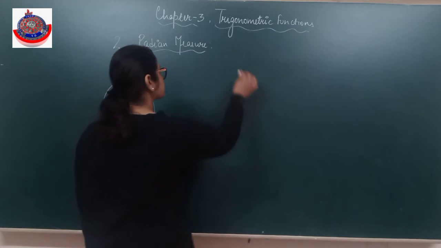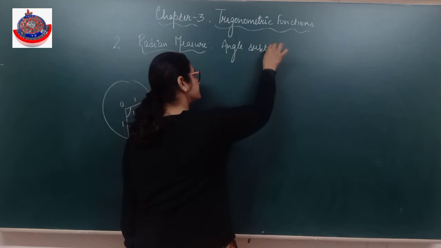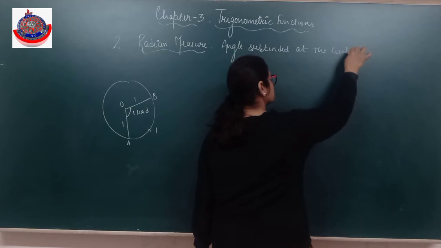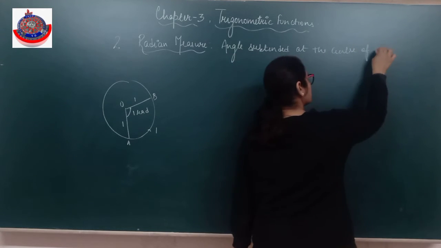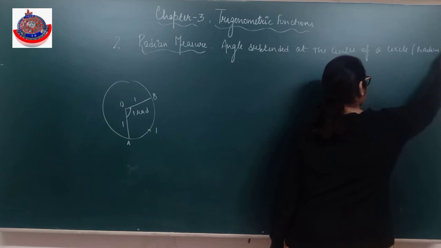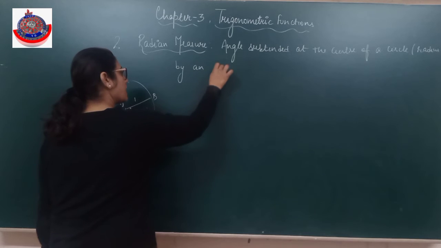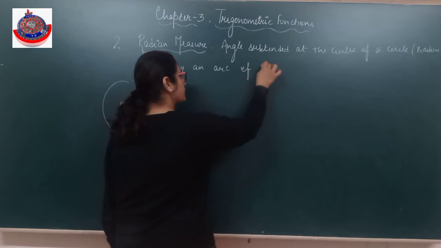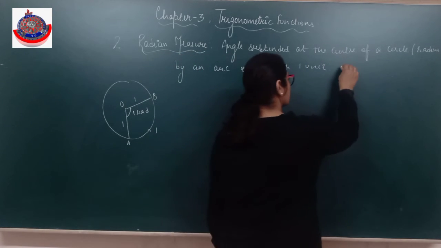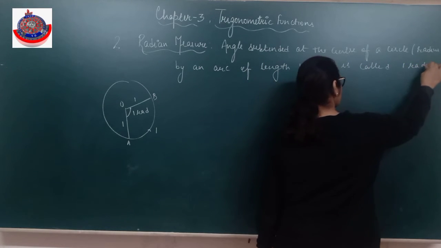That means the angle subtended at the center of a circle of radius 1 unit by an arc of length 1 unit is called 1 radian.